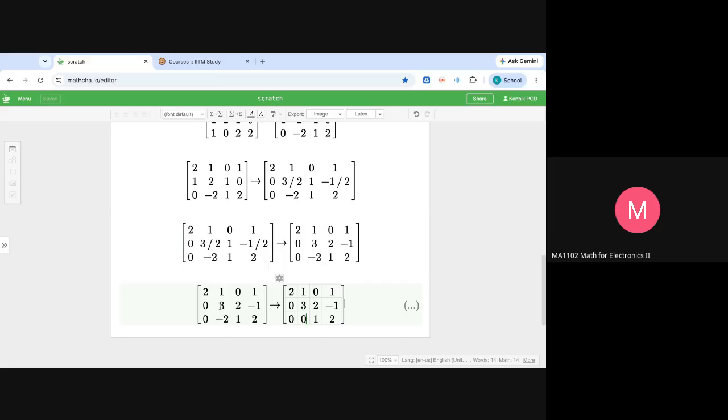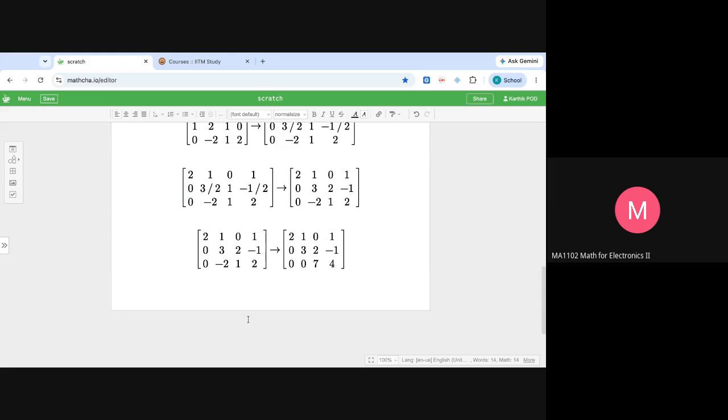So 3 times this, 2 times that: 3 times this is 3, 2 times that is 2, so that becomes 7. And 3 times this, 2 times that: 6 minus 2 is 4. Perhaps we can stop here and collect the answer.